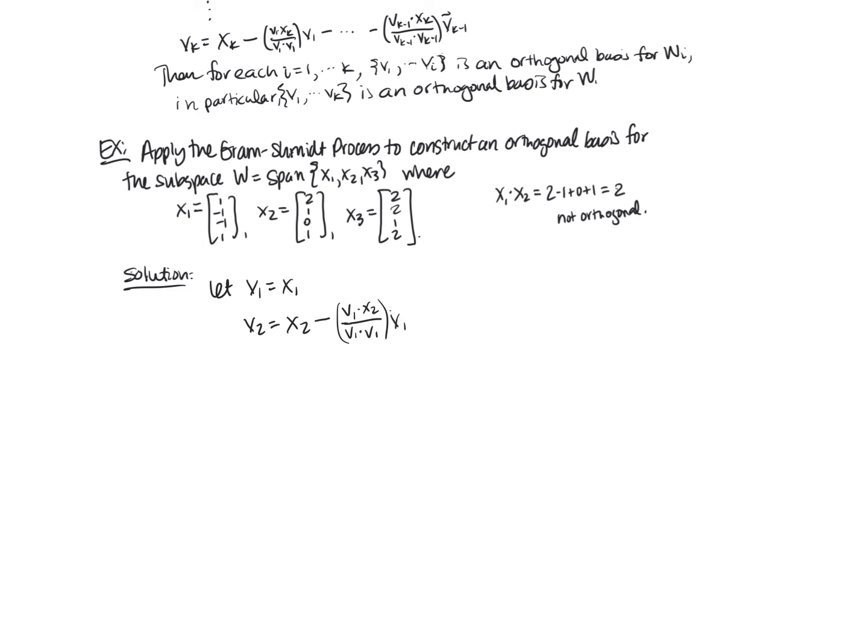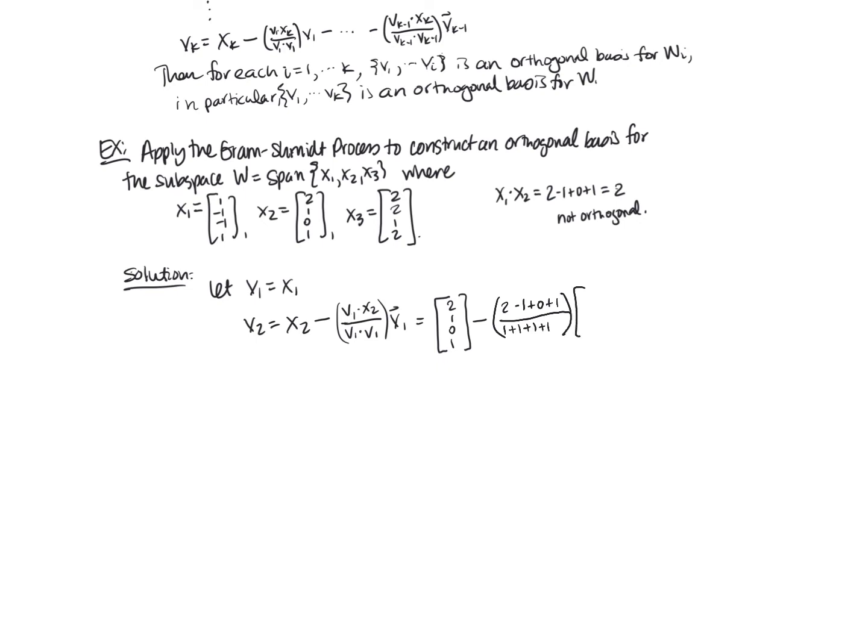So x2 I can write out as (2, 1, 0, 1), and then I want to subtract off V1 dot x2, which is the same as x1 dot x2, so I get 2 minus 1 plus 0 plus 1, over V1 dot V1, which is 1 plus 1 plus 1 plus 1.